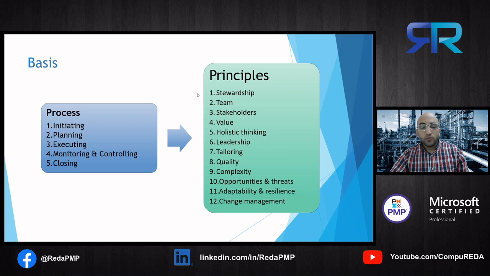So there will be 12 generic principles that are applicable in any project, which are: be a diligent, respectful, and caring steward; build a culture of accountability and respect; engage stakeholders to understand their interests and needs; focus on value, as we illustrated in the previous slide; recognize and respond to system interactions; motivate, influence, and coach the project team; tailor the delivery approach based on context; build quality into processes and results; address complexity using knowledge, experience, and learning; address opportunities and threats through SWOT analysis; be adaptable and resilient; and enable change to achieve the envisioned future state.